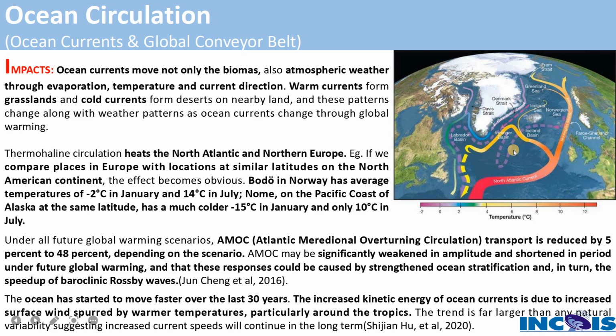So here the overturning process is going on, that's why we call it the Atlantic meridional overturning circulation. Some studies say the transport of this AMOC is reduced by 5 to 48% depending on different global warming future scenarios, right? And also that it is going to be significantly weakened in amplitude as well as shortened in period under future global warming scenarios.